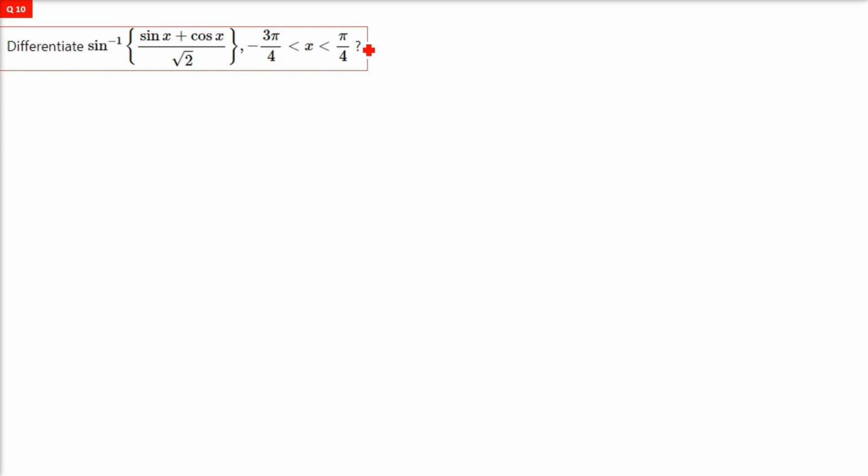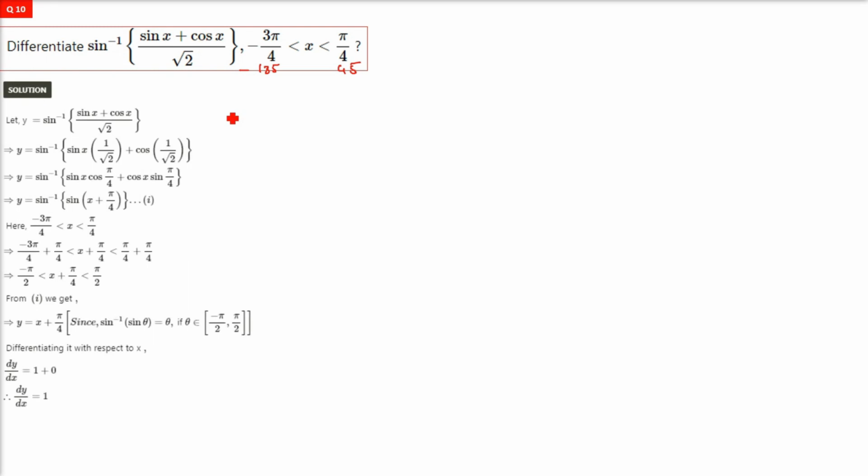So this is sin x plus cos x by root 2, what do we do? 1 by root 2 is sin and cos 45 degree. If you take 1 by root 2 with sin x and cos x, because it is in the denominator, you can take it separately. This is 1 by root 2 sin x, and then we have cos x 1 by root 2.